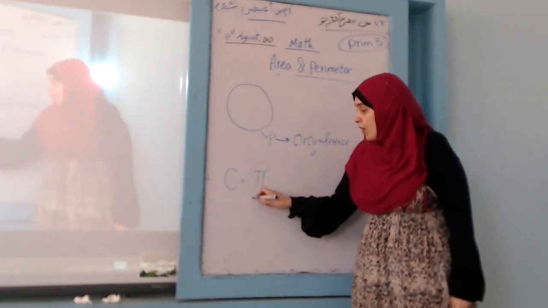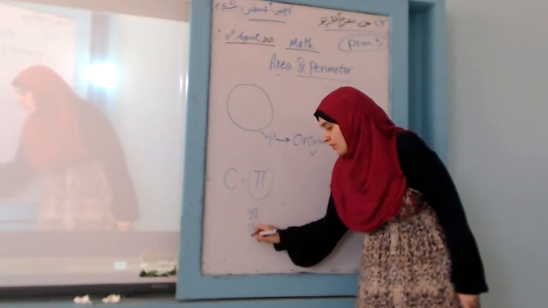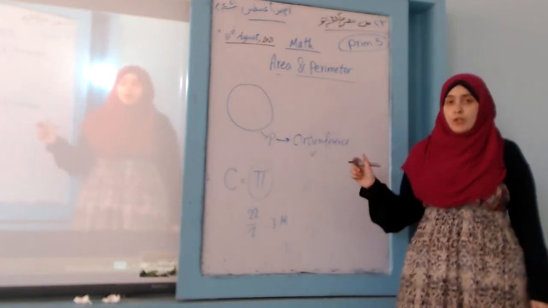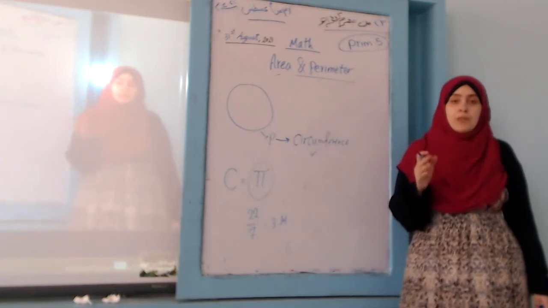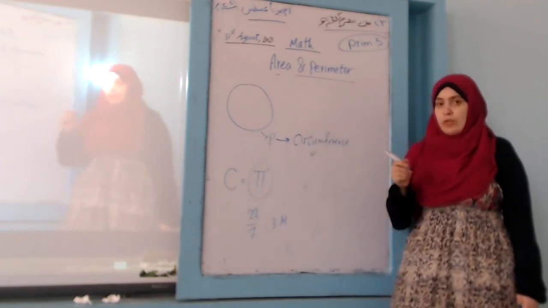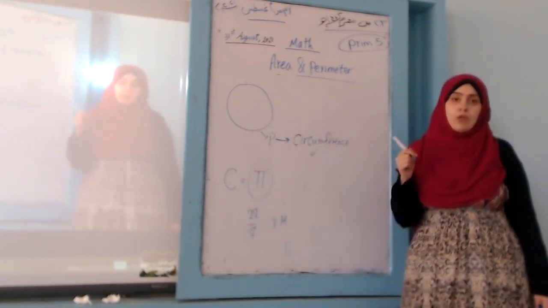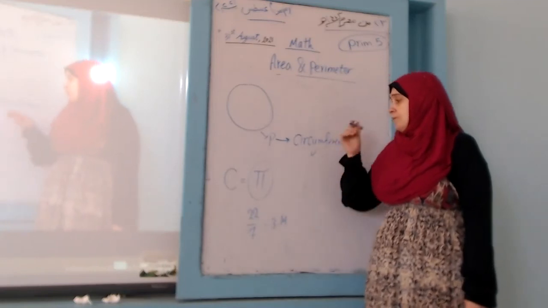We know pi is a ratio equal to 22/7 or 3.14. For any circle, we call the perimeter the circumference. The area we will study in primary steps, inshallah.